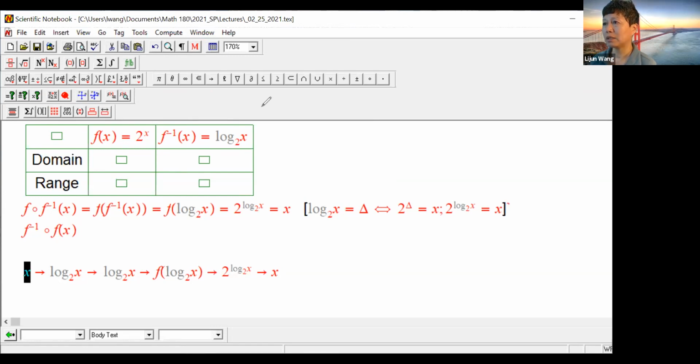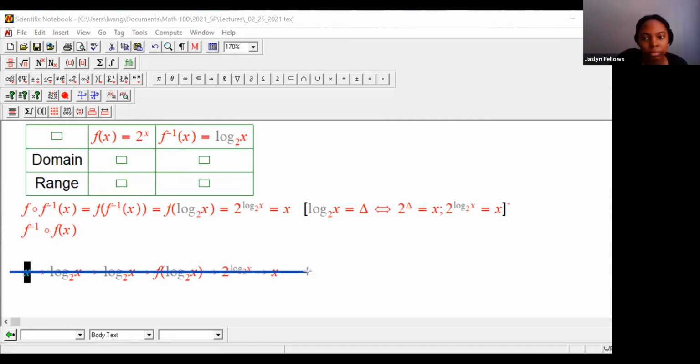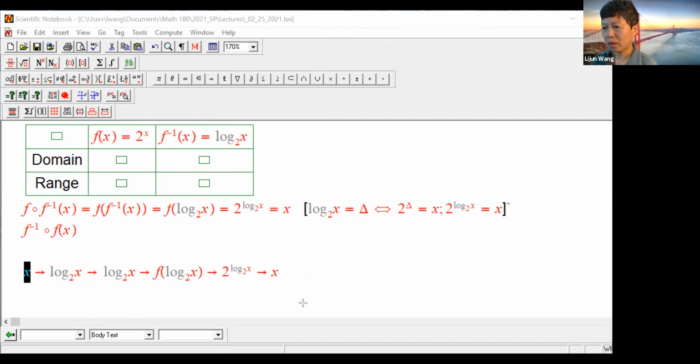When you write these things down, you can imagine there's a center line. The base needs to be under, and the exponent needs to be above. You follow me?